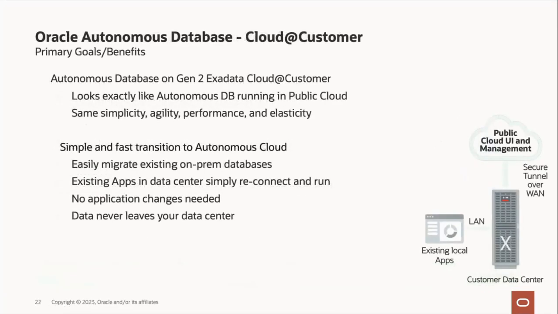So again, Cloud at Customer has all the same features. You can put Autonomous Database on Cloud at Customer too. All the features that you can do in OCI, you can put in your Exadata machine and manage it completely as if you were managing it in your tenancy, even though the data never leaves and the hardware never leaves your data center. That does not, by the way, limit you to the rest of your tenancy.